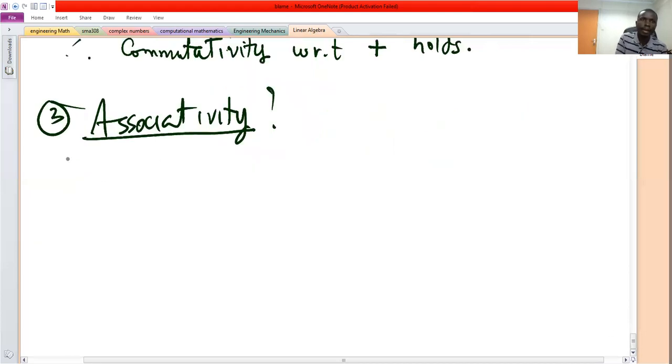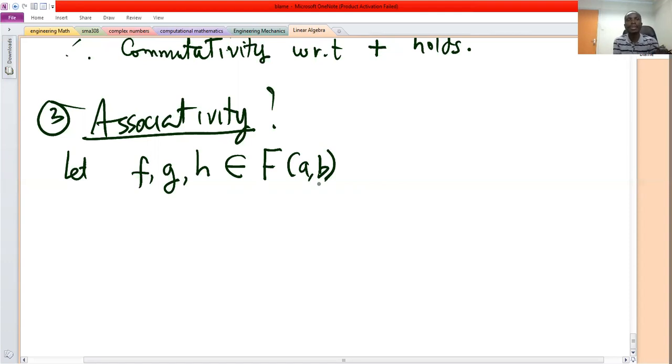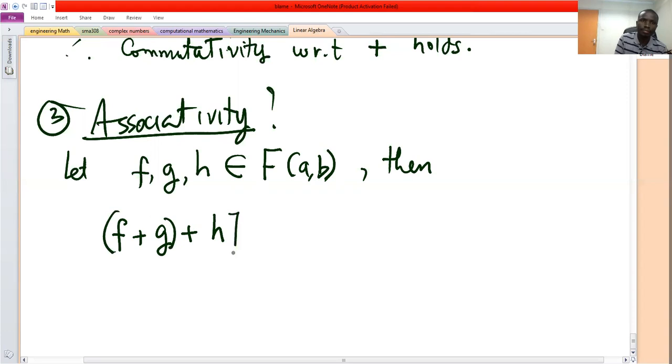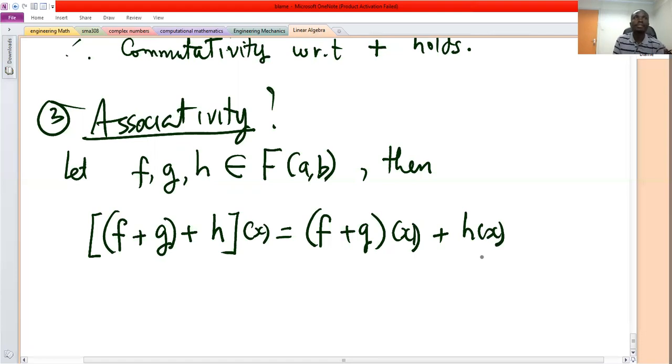This one we say, let F, G, and H be real valued functions defined in the open interval AB, then F plus G plus H of X will be given by F plus G of X plus H of X, by definition.